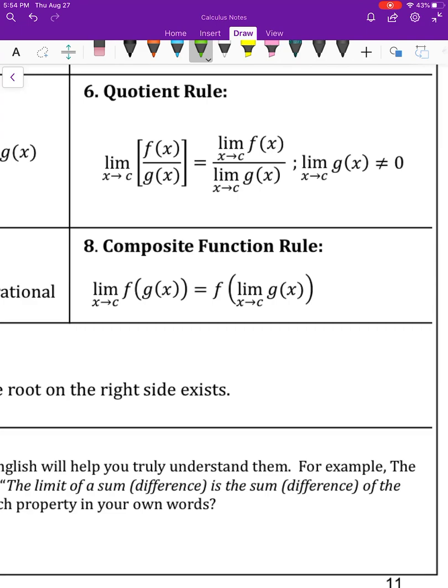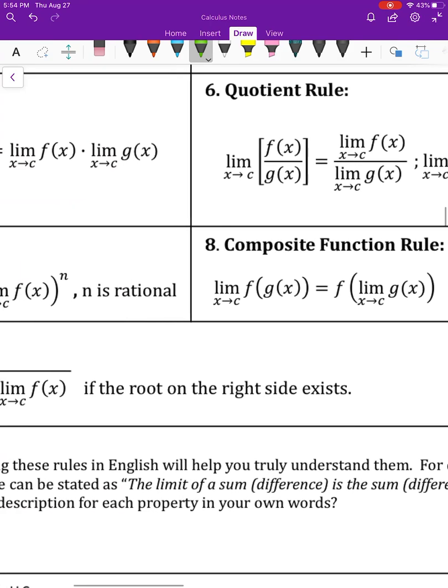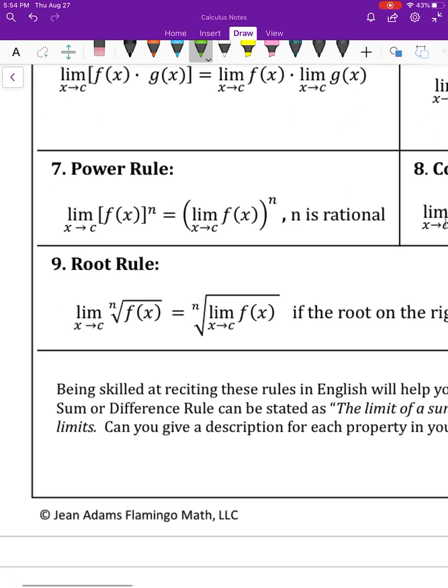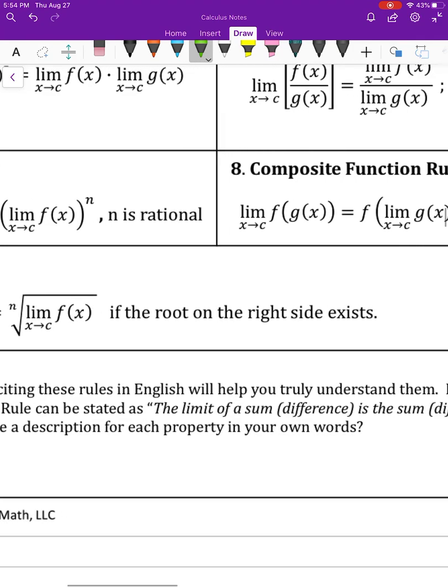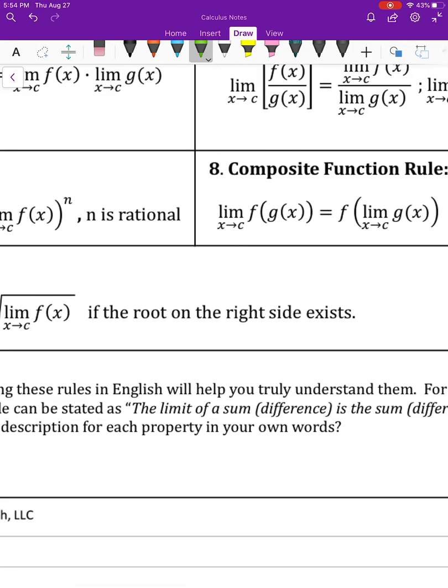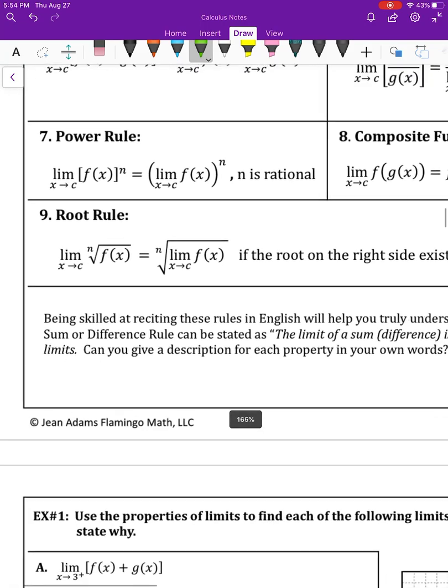The limit as x approaches c of f of g of x, you can pull that f out and look at it as f of the limit as x approaches c of g of x. And the root rule. The limit as x approaches c of the nth root of f of x, you can take that nth root of the limit as x approaches c of the function, if the root on the right-hand side exists.